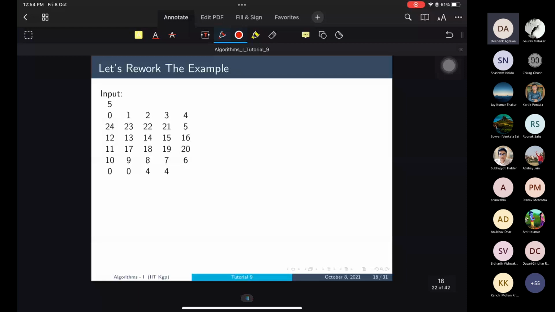Now let's rework the example using Dijkstra. This is the same as the initial input that we had.